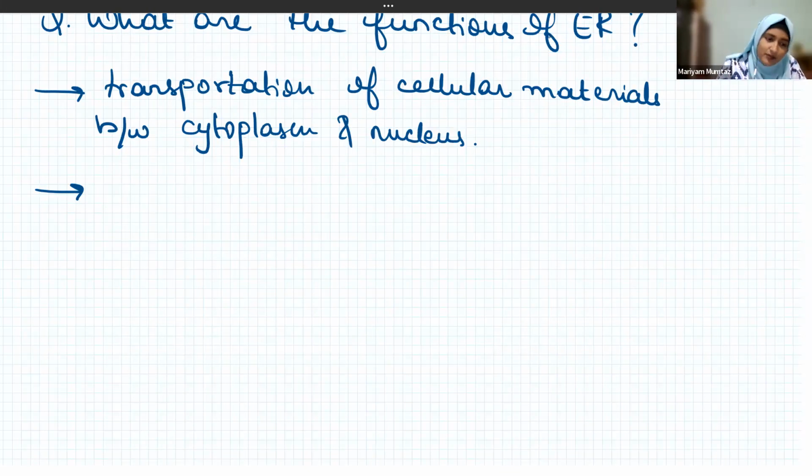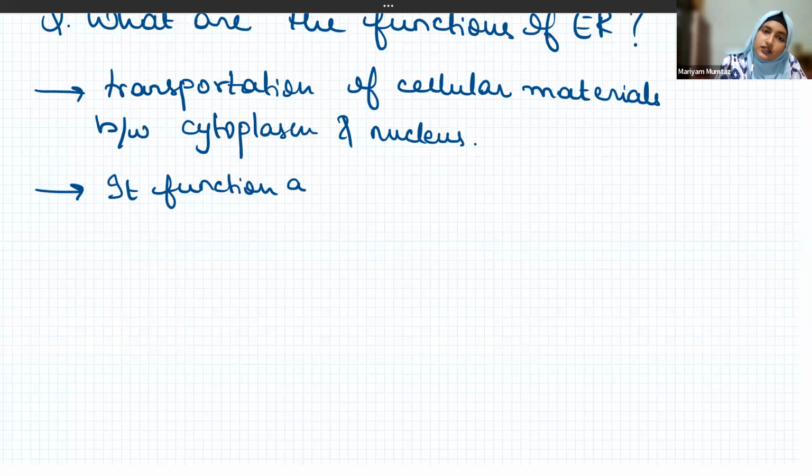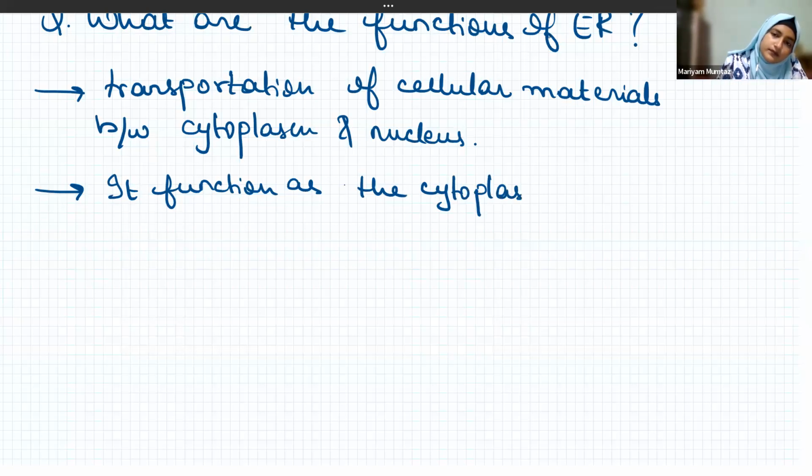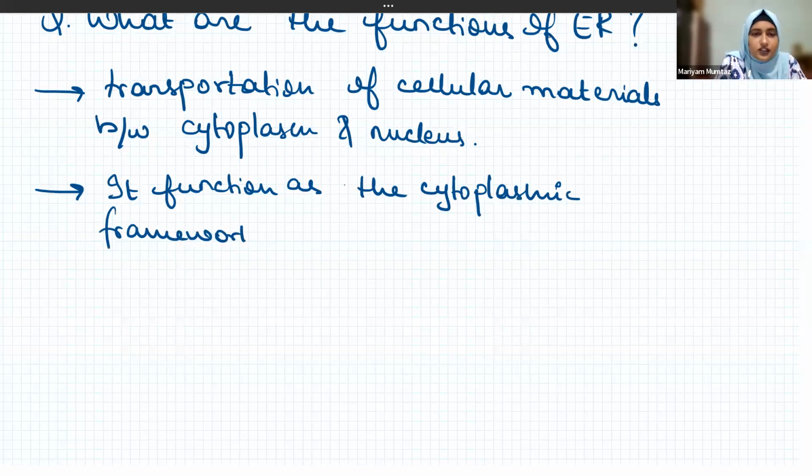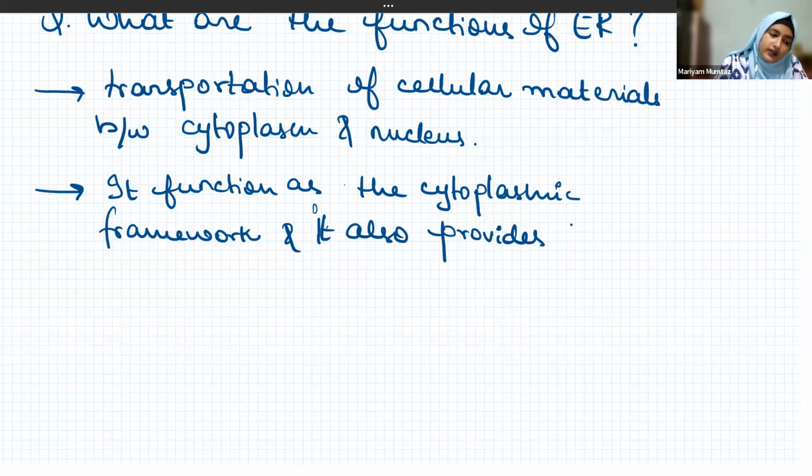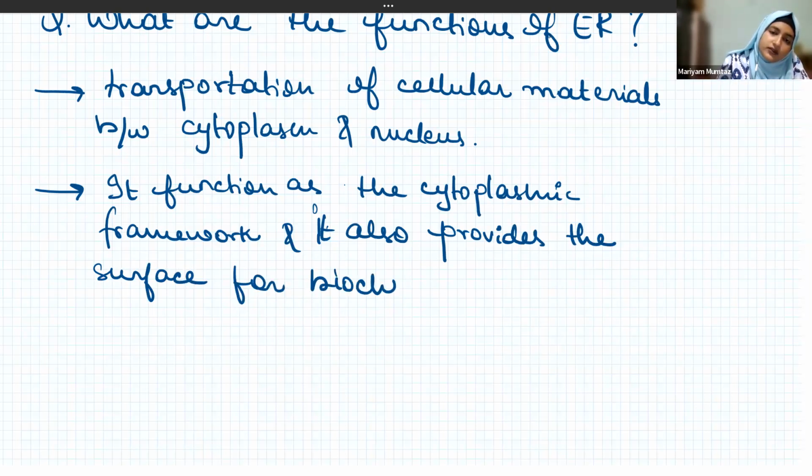So you'll write the second point, that it functions as the cytoplasmic framework, and it also provides the surface for biochemical activity.